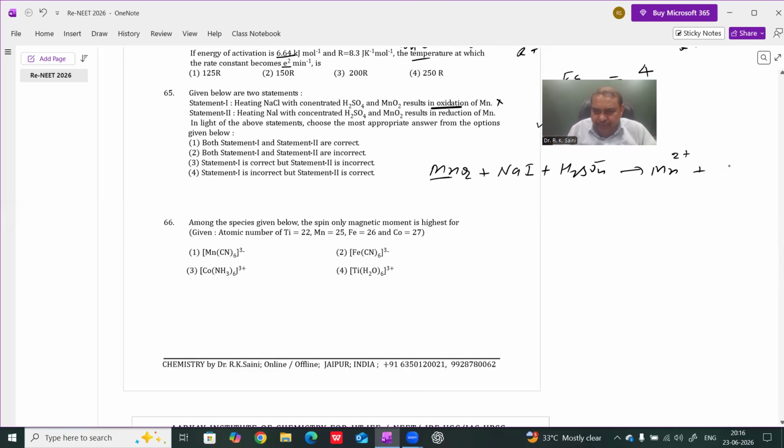HI is further oxidized by concentrated H2SO4 as well as MnO2, and it gives iodine and SO2. Therefore, on heating with concentrated acid there is reduction of Mn. It is the correct option. Mn plus 4 is reduced into plus 2 in acidic medium. Therefore, statement first is incorrect and second one is correct. Question next.